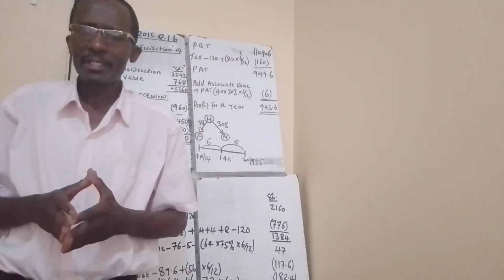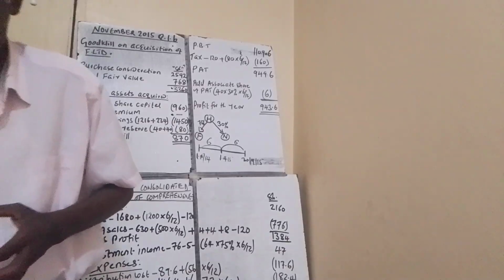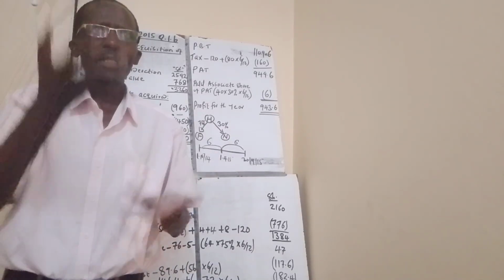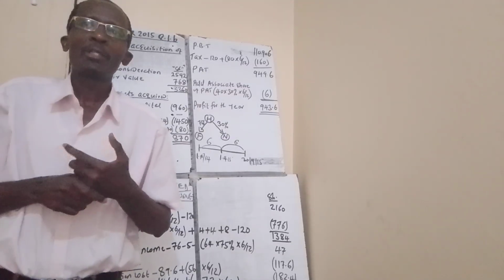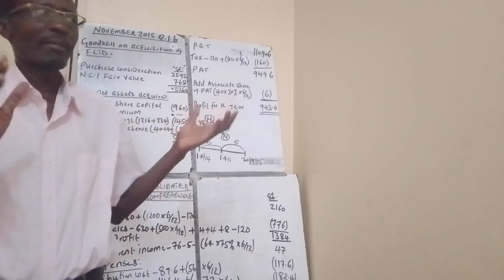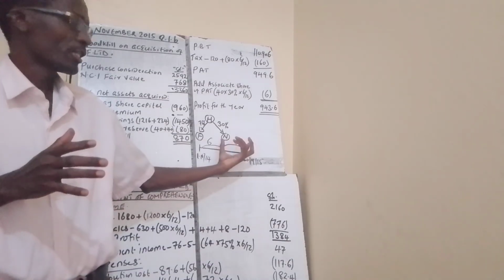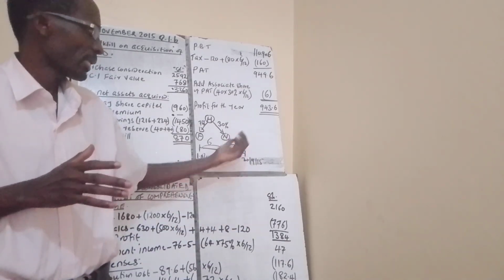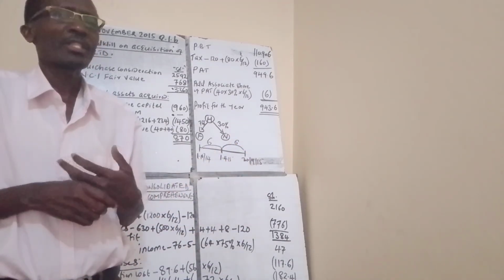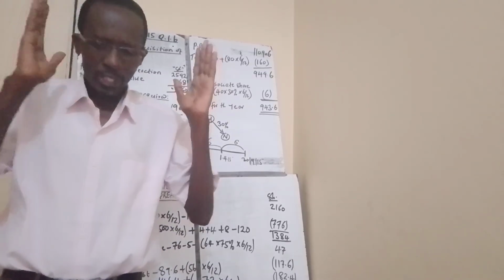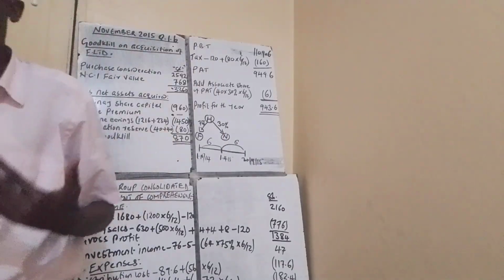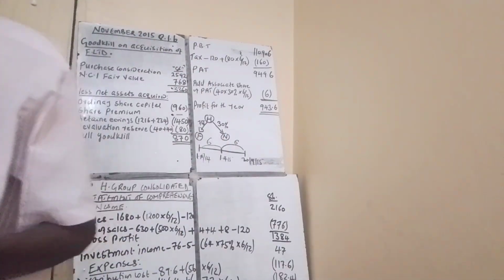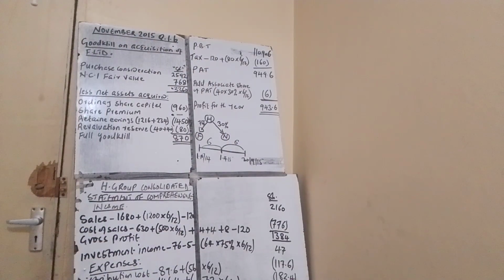In this case, there is a revaluation gain of the difference. If there is a revaluation gain, that extra figure has to be subjected to depreciation. And then remember to apportion for 6 months, because we acquired that particular company 6 months before the end of the year. So establish the extra figure which is above the carrying amount, and then you depreciate that particular item. That is for additional information number 4.